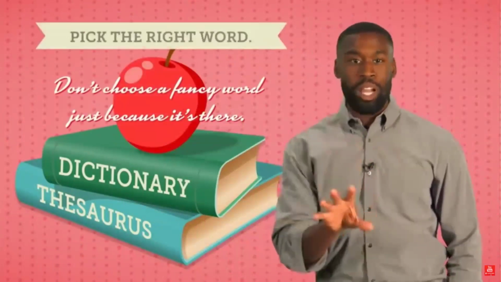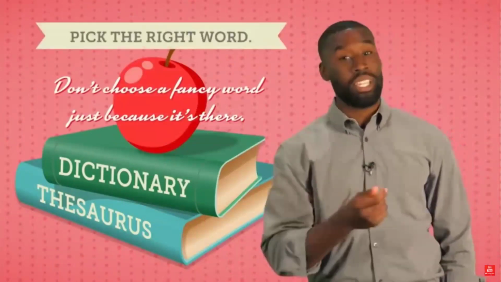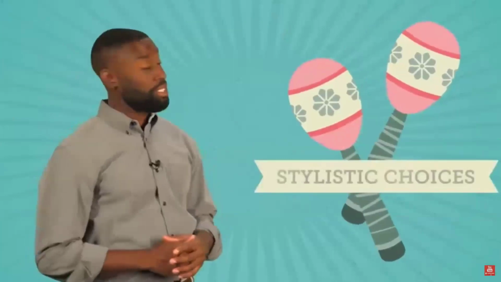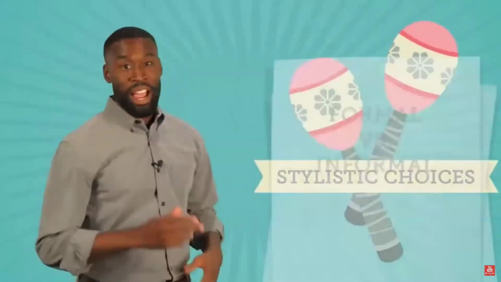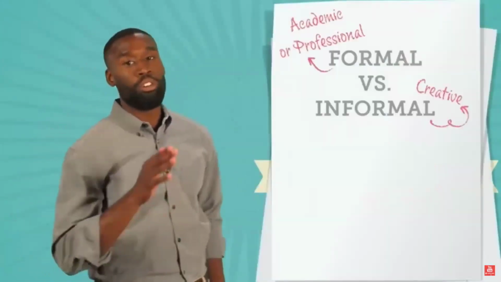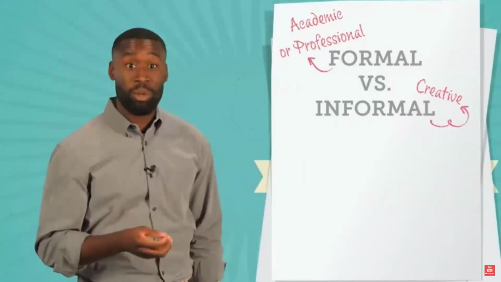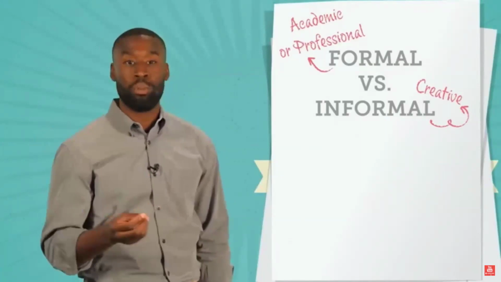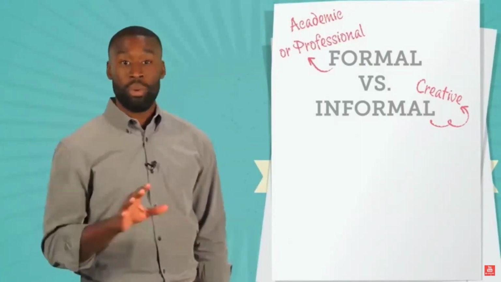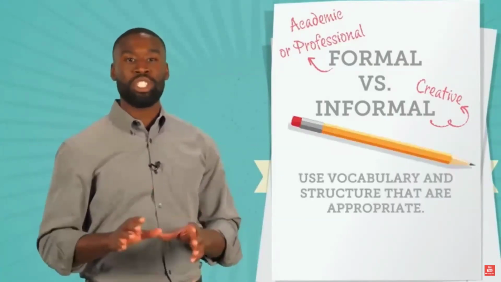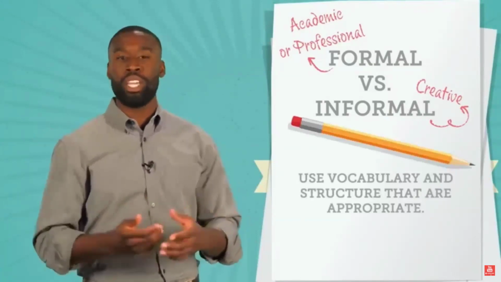Again, you want to pick the right word for what you're trying to communicate. Next, you have stylistic choices. For academic or professional writing, you might want to avoid contractions, sentence fragments, and other types of mechanisms more typically saved for informal or creative writing. Otherwise, use vocabulary and structure that are appropriate for what you're communicating.